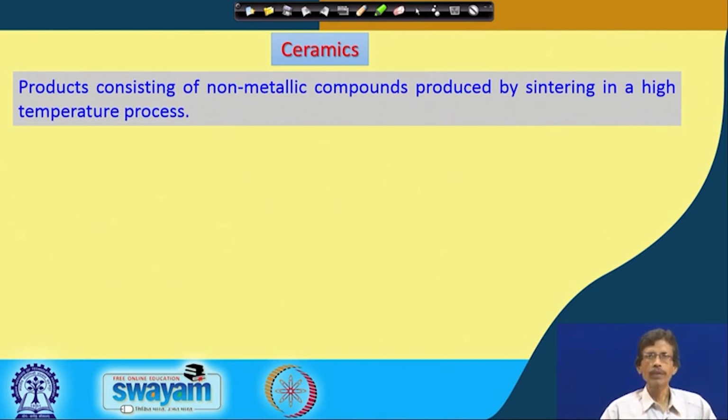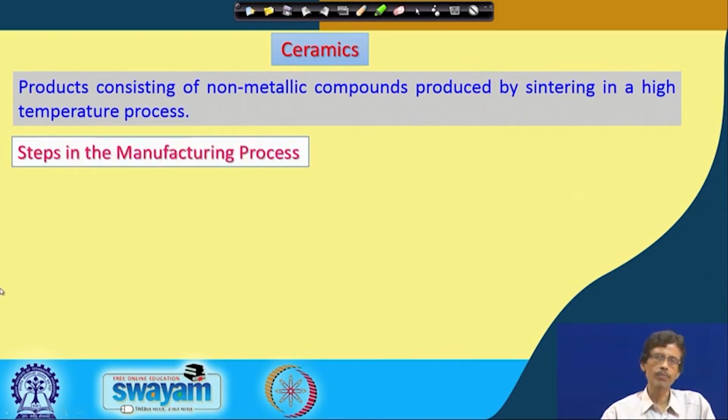At high temperature, new material forms from very cheaply available, low cost, naturally occurring material. That's why it is a very old industry. People have been making ceramics for several thousand years, but we are modifying them year after year and utilizing them for other good purposes.